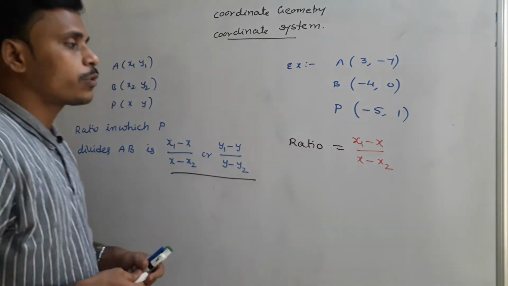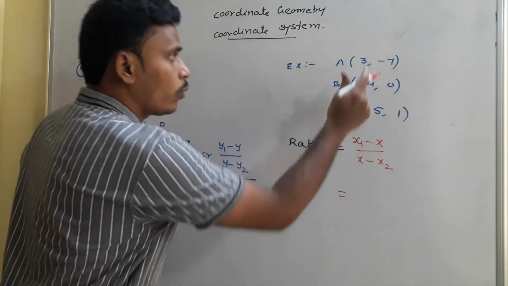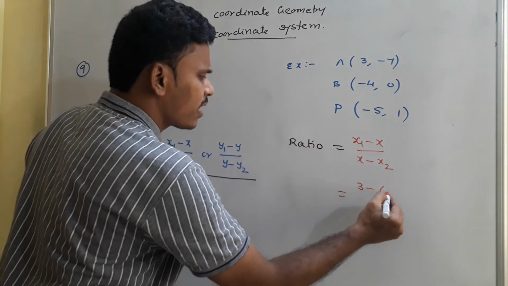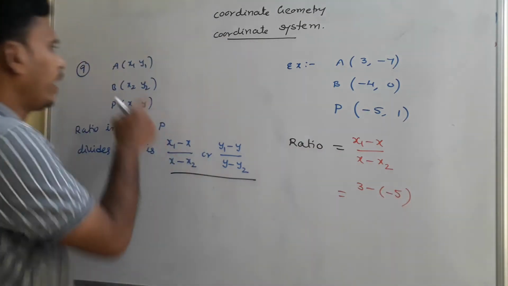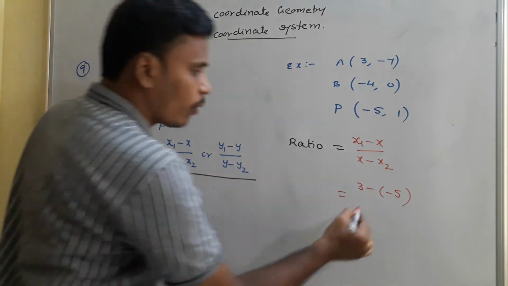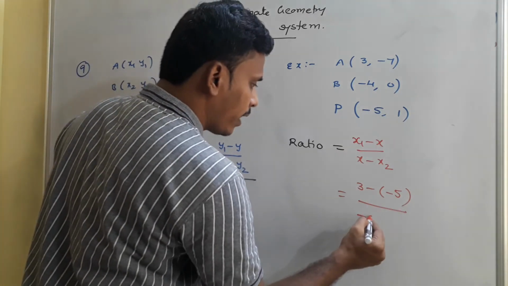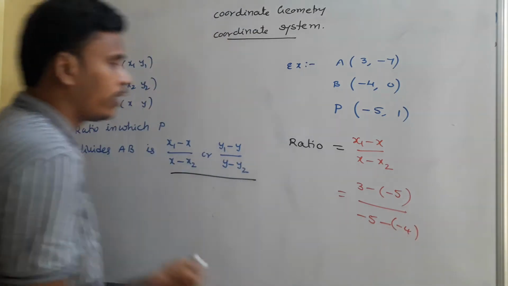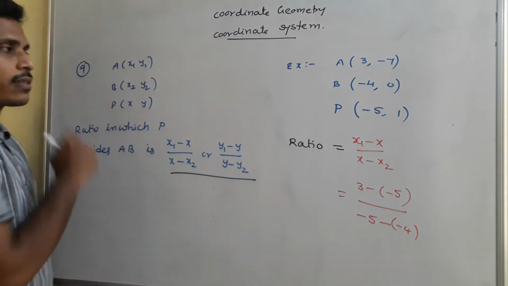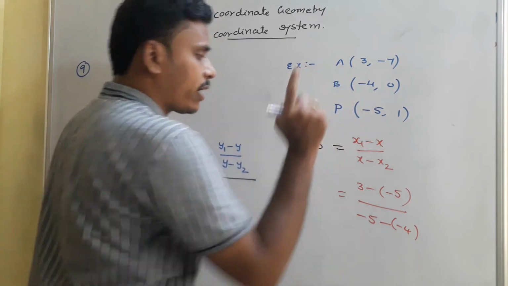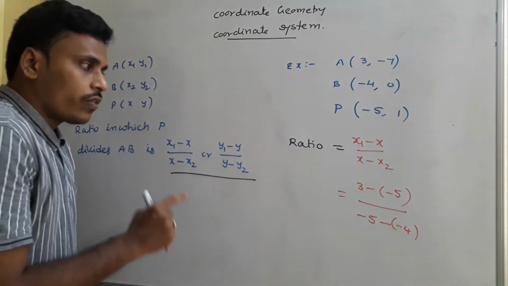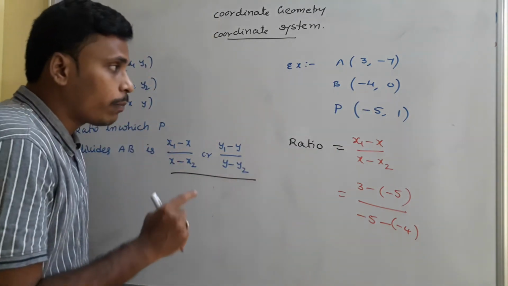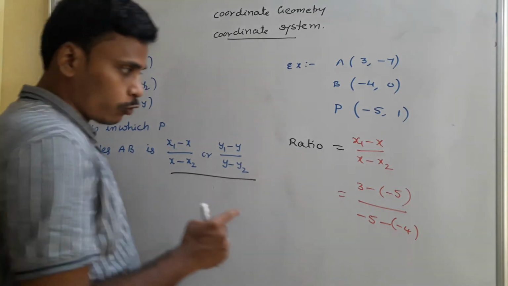Now the ratio with this formula: x1 is 3, x is minus 5, divided by x minus x2, that is minus 5 minus of minus 4. Just look there, x1, x2, x. So 3 minus of minus 5 divided by minus 5 minus of minus 4.